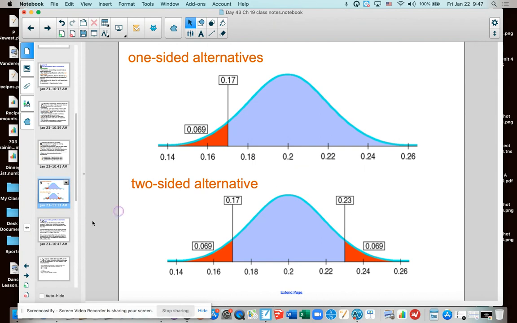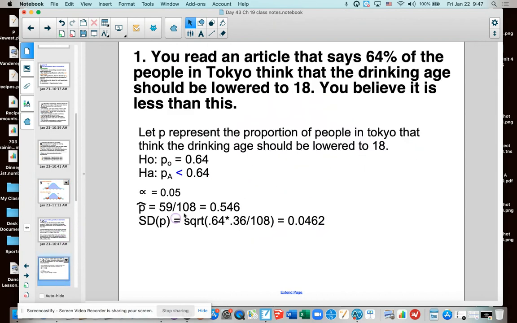It doesn't come from my sample. The sample proportion is just something I'm using to test how unusual it is. So you can see here I got the 0.64 and 0.36. I don't use the 54.6, and I get my standard deviation that way.